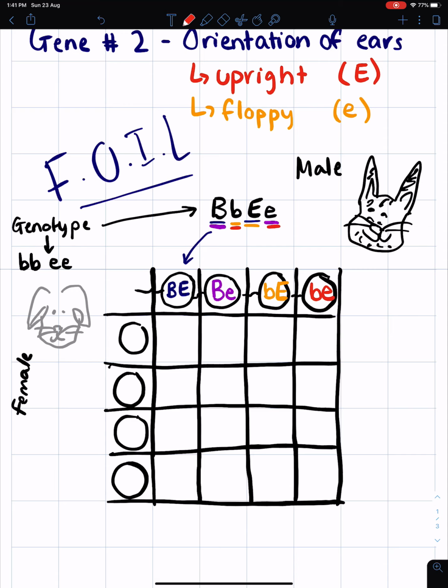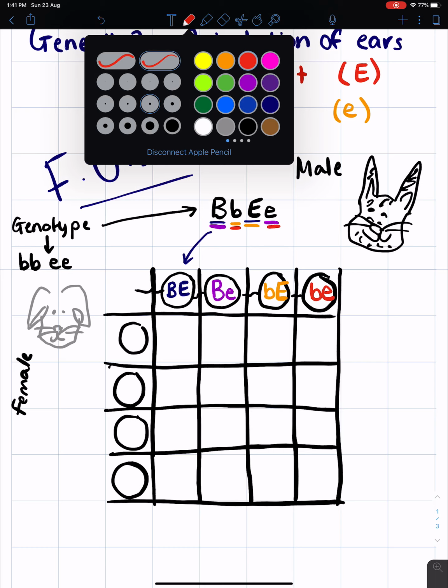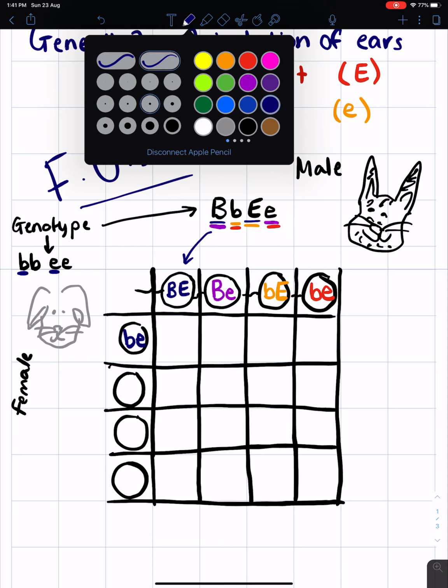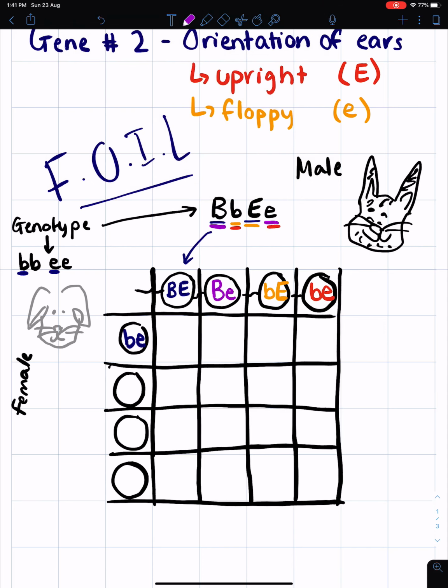Now we've got to do the same thing for the female. It's a little bit easier here. Let's do the same technique again, and I'll try to use the same colours. F for FOIL is first, so we take the first alleles from each of those traits, little b, little e, so that could be going into one of her egg cells. Then we take the outermost, little b and little e.